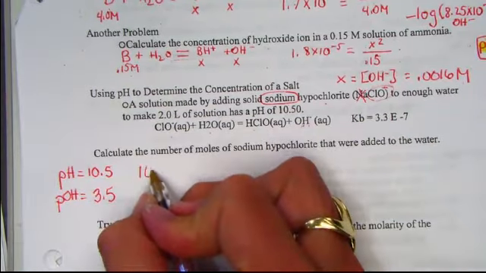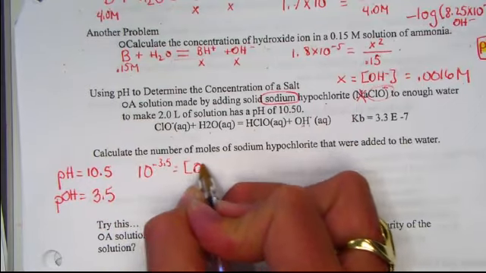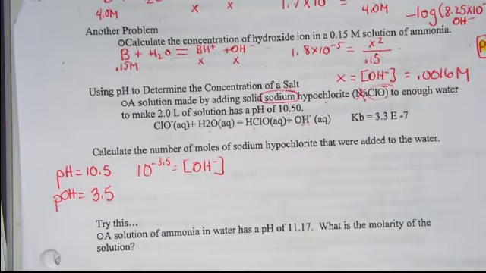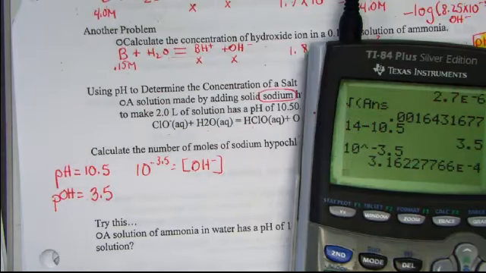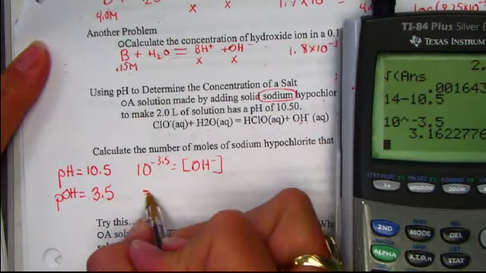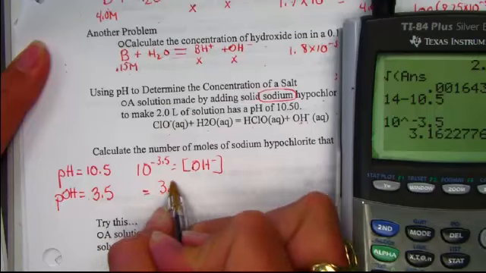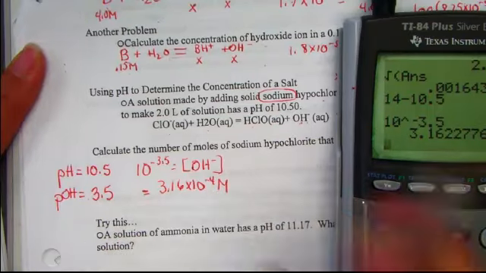Of course, 10 raised to the negative 3.5 will pull out the value of hydroxide ion concentration. So let's take our 10 raised to the negative 3.5, 10 raised to the negative pOH, and we find the hydroxide value to be 3.16 times 10 to the negative fourth molar units.